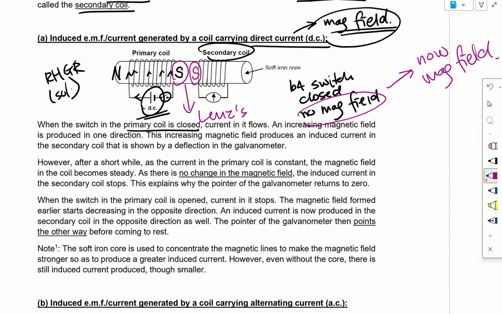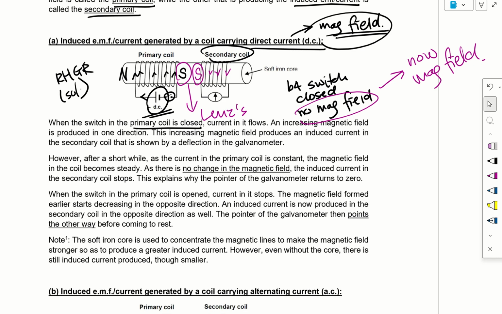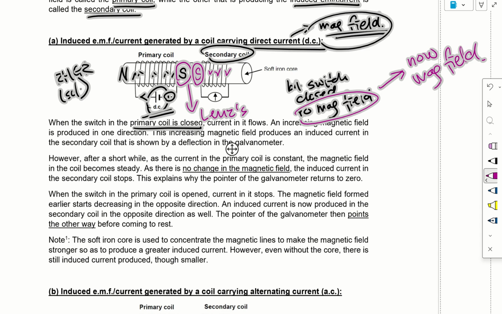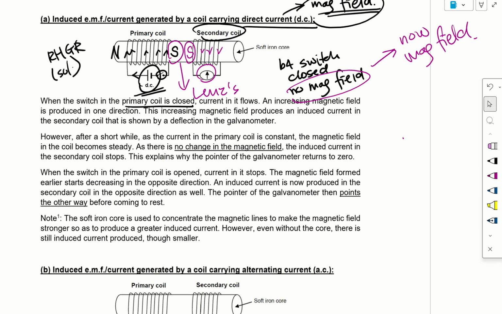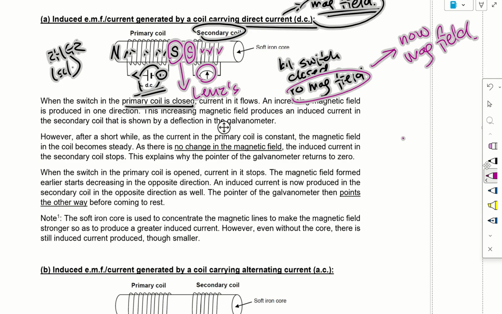If it's a south pole, then I can map out the direction of the induced current. So there will be induced current flowing, and therefore the galvanometer will register a deflection.